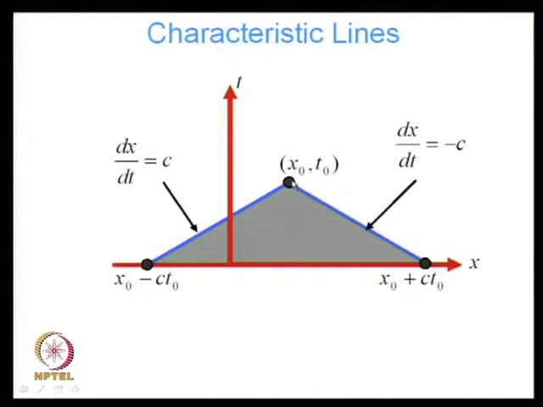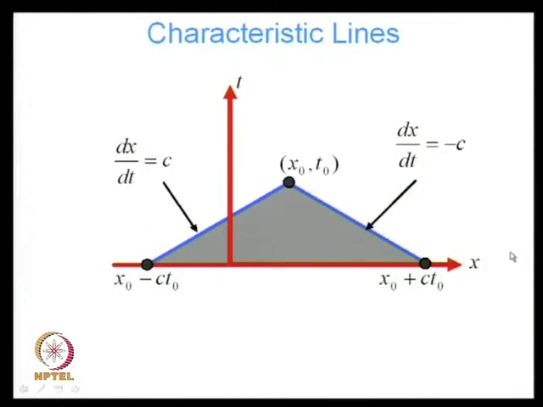So, the solution at x 0 t 0 depends on whatever the initial condition is for the values of x between x 0 minus c t 0 and x 0 plus c t 0. If I have some function along this axis for the initial condition, at t equal to 0, since it is an initial condition, I have some arbitrary function of x for my phi, and some arbitrary function of x for my phi dot, at t equal to 0.